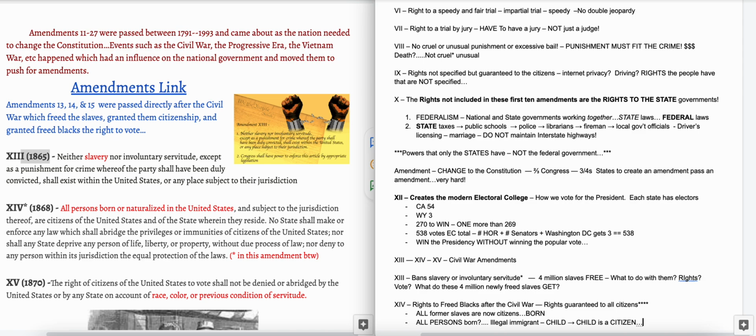We probably don't think that the people in 1868 wrote this amendment thinking about future illegal immigrants. That probably wasn't even a thought. I mean, really, that wasn't even a concept. So the idea that makes this controversial is to do with illegal immigration. People who come over here, whether they are pregnant and they have a child, that child is now a citizen, even though the parents aren't. The kid can stay, but the parents have to be deported.